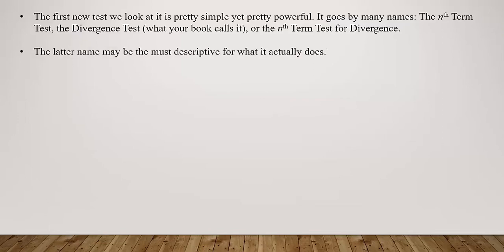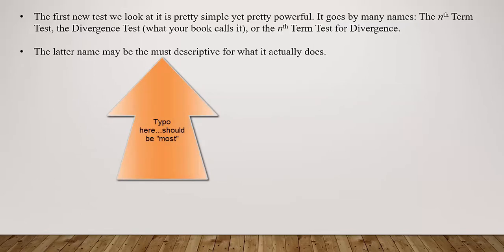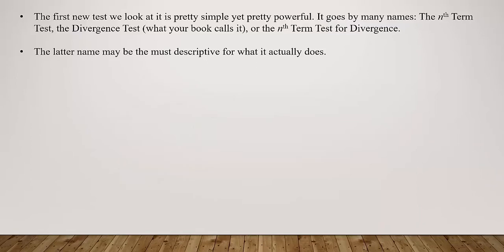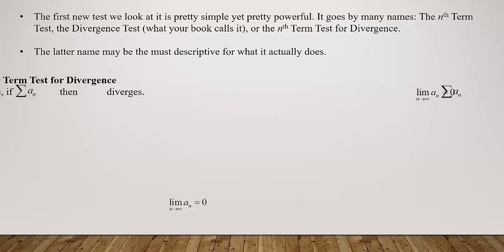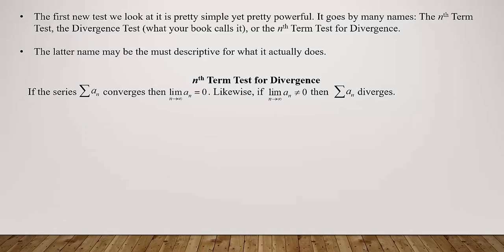And truth be told, the latter name may be the most descriptive for what it actually does. I see I have a typo there. So Nth Term Test for Divergence, that's pretty descriptive for what this test does. So I'll call it the Nth Term Test for Divergence here in this definition box.